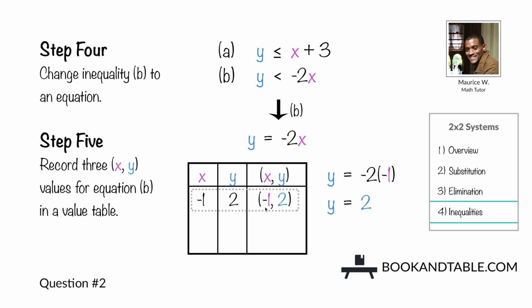So the first point in the value table is negative 1, 2. We then plug in 0 for x, giving us y is equal to negative 2 times 0, which is 0. So when x is 0, y is 0. And now we plug in positive 1 for x. And when x is 1, we get y is equal to negative 2 times 1, which is negative 2. So 1, negative 2 is the third point in this value table.